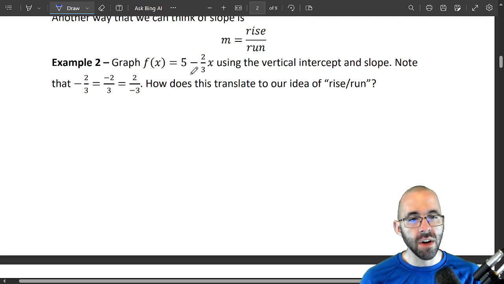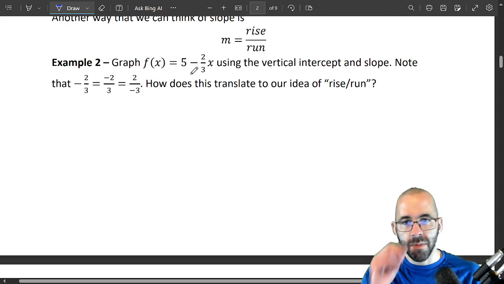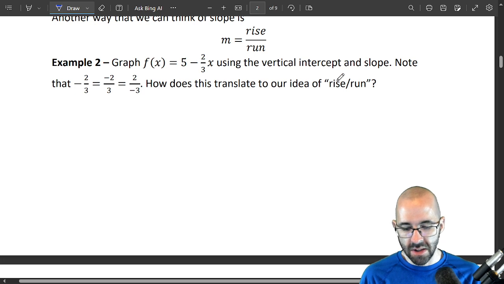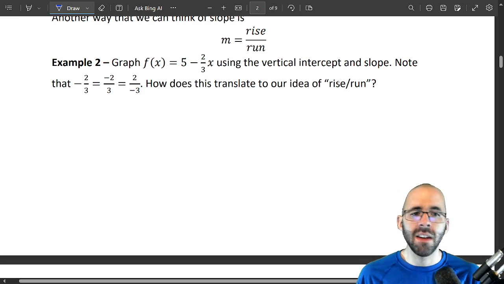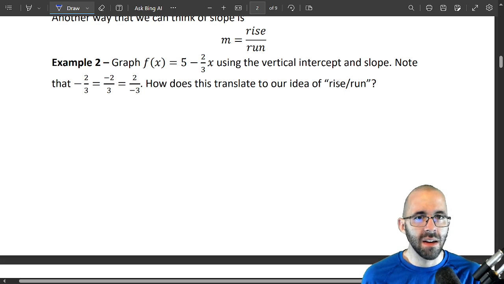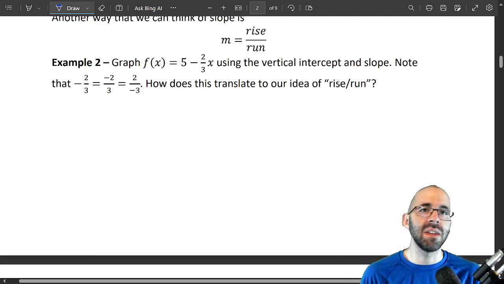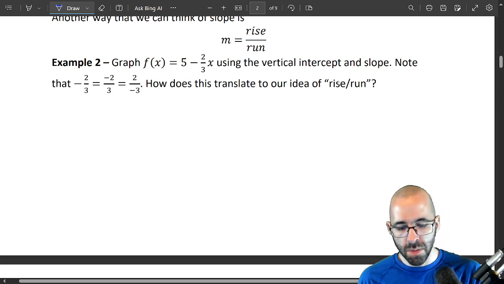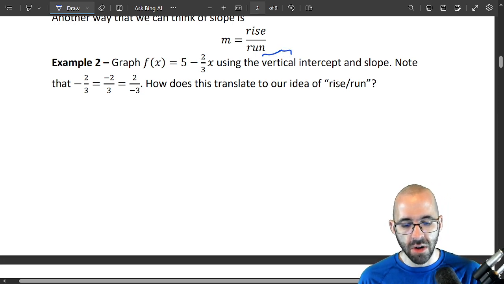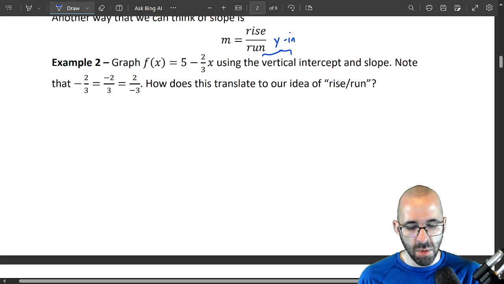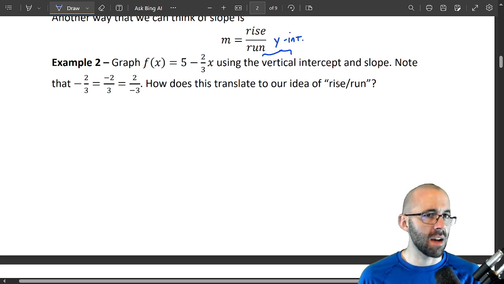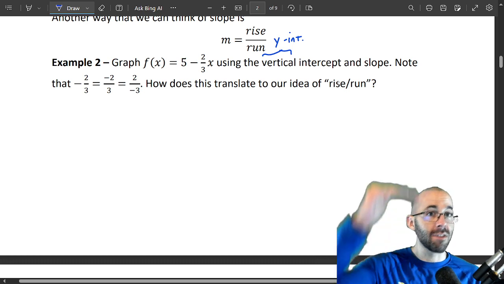Let's graph the same function as example 1, 5 minus 2/3 x, using the vertical intercept. A lot of times we say y-intercept, but it might not be y. Our output might be c for cost or p for profit. This book talks about it as a vertical intercept, but you can think about it as a y-intercept because usually y is the vertical thing.